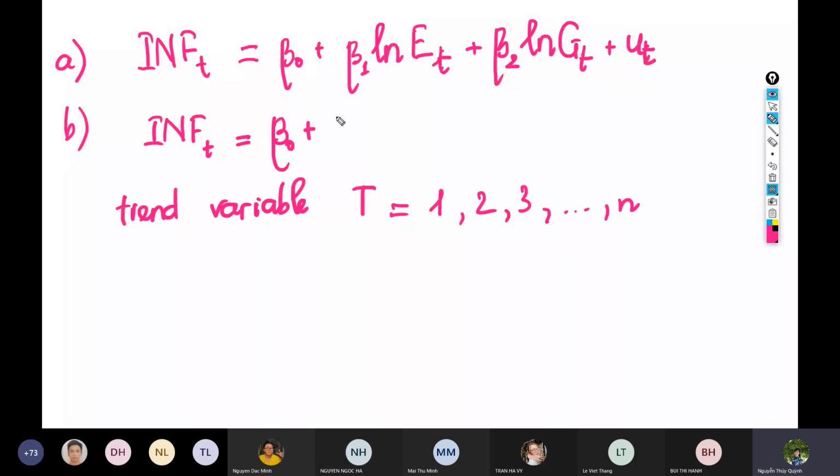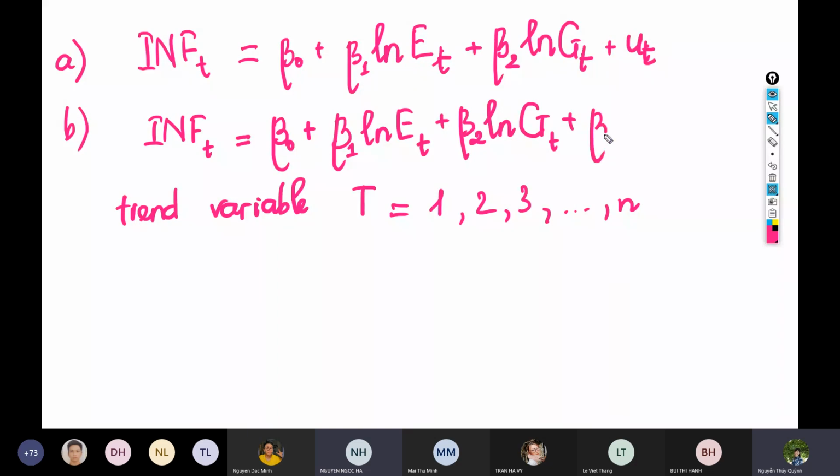So we still have beta 1 times the logarithm of electricity price, plus beta 2 times the logarithm of gas price, plus beta 3 times T, and plus u_t. All right, so that will be the model that helps us to test for the effect of time on inflation.